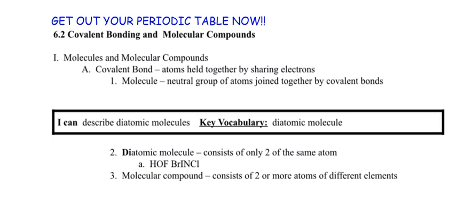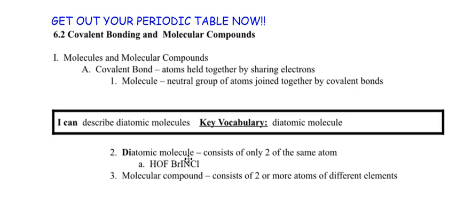There are two kinds of things we need to look at, and the first one is diatomic molecules. These are the elements that can exist in their elemental state only if they're paired with another atom. They're like their twin, if you will. So these are your 7 diatomic molecules: hydrogen, oxygen, fluorine, bromine, iodine, nitrogen, chlorine.